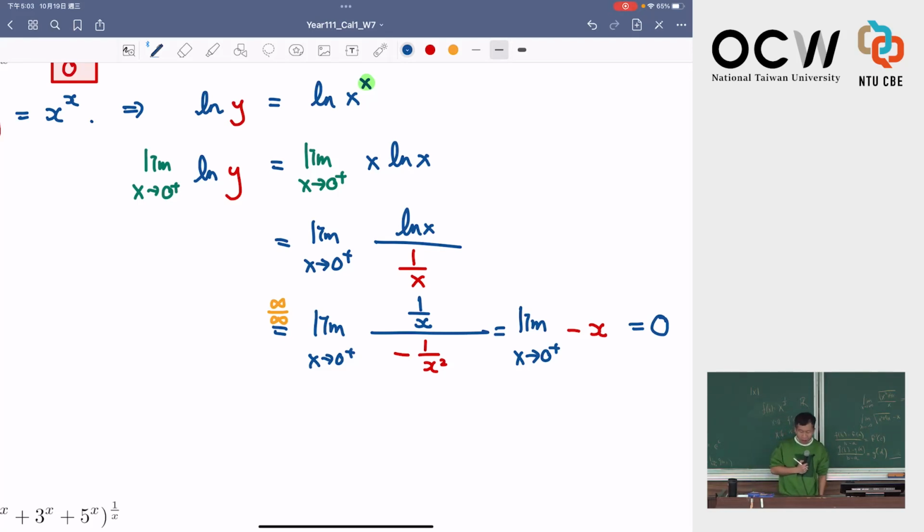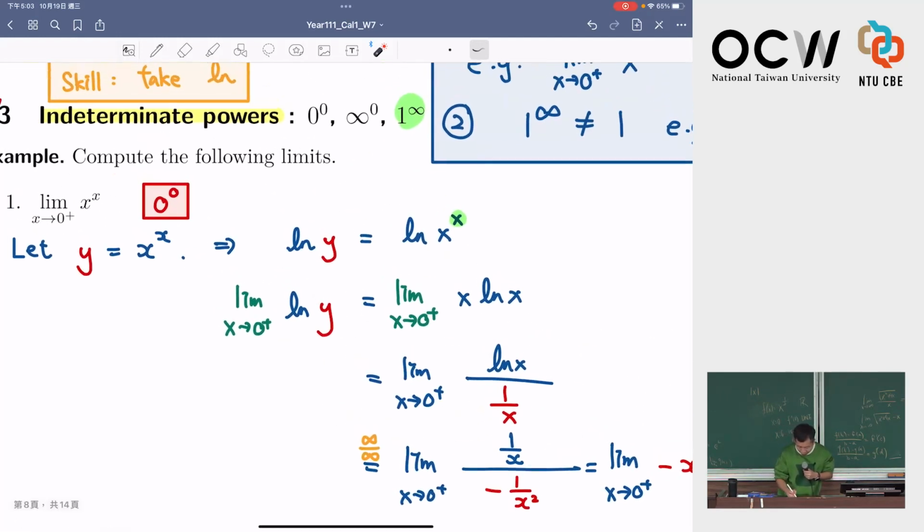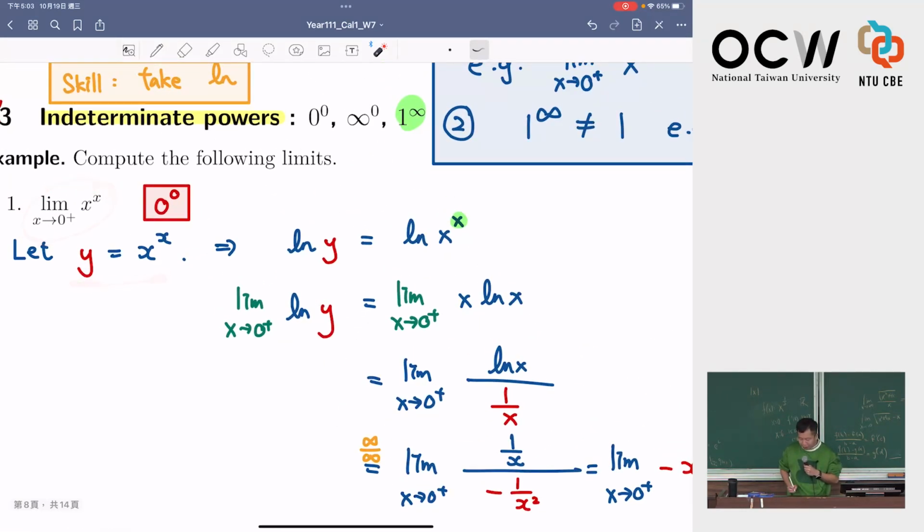Okay, but we need to be careful. We're actually not interested in the limit of log y. We are more interested in the limit of y itself. So how do we do that?